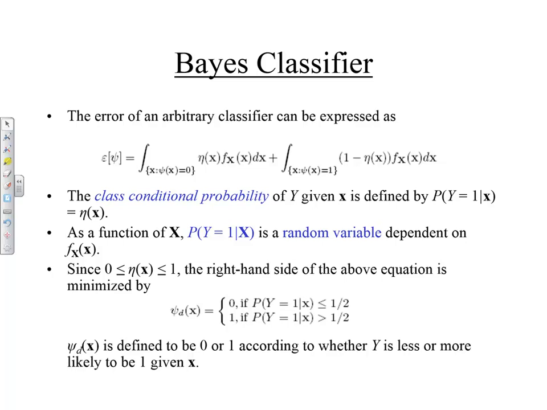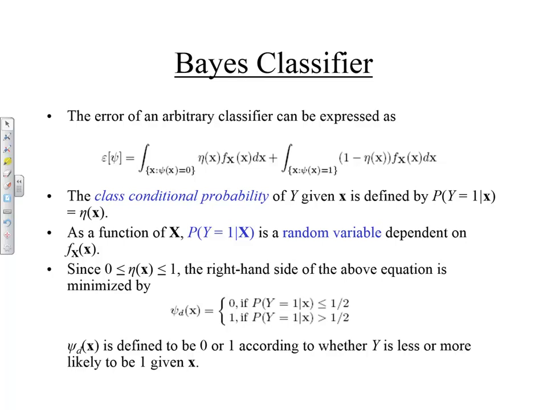If eta x is equal to half, then both of them will be equal, right? So you want to minimize this quantity, right? So basically for values where eta of x is, let's say, greater than half, right? Then you will spit out the class label psi equal to 0, right? Because you want to minimize this overall thing, okay?